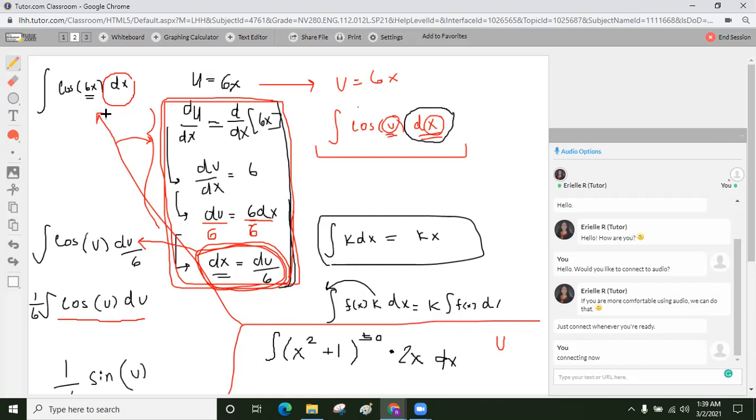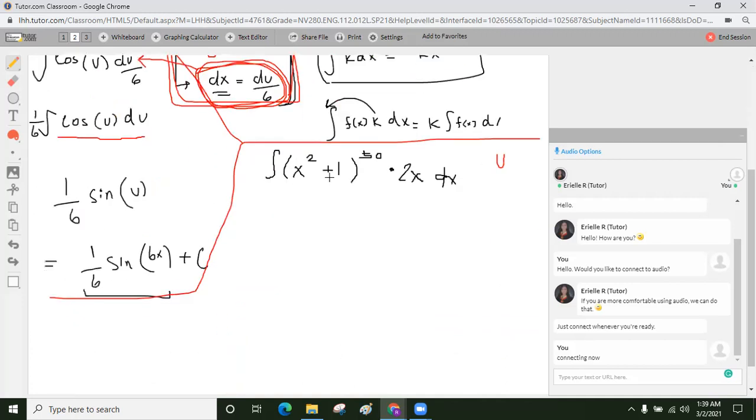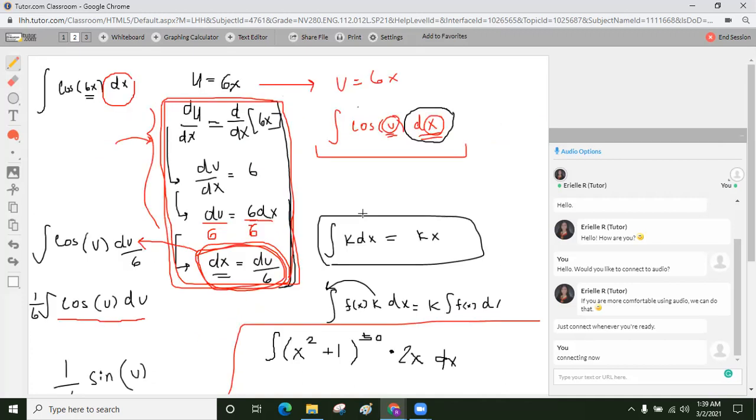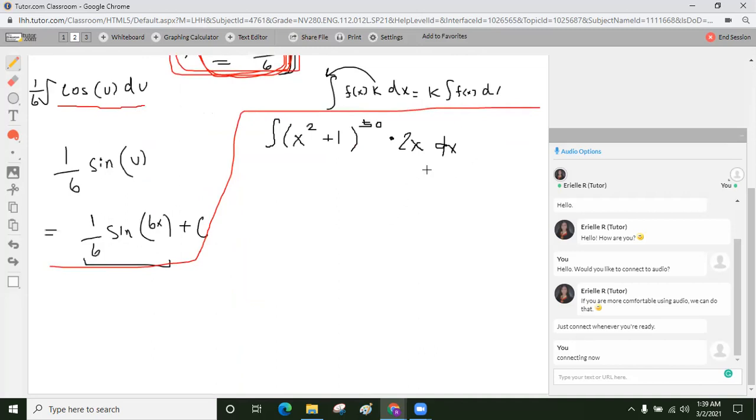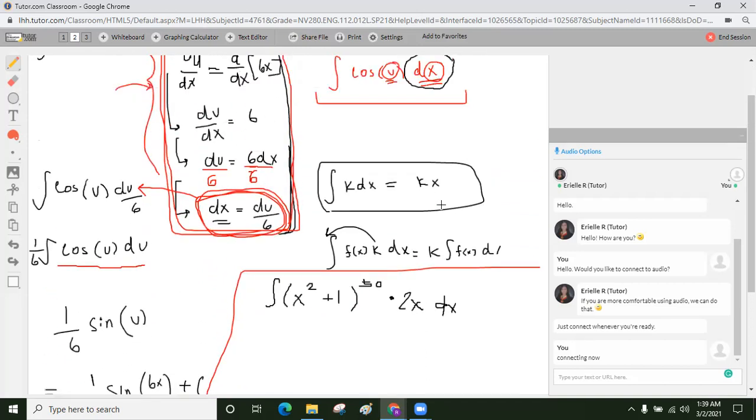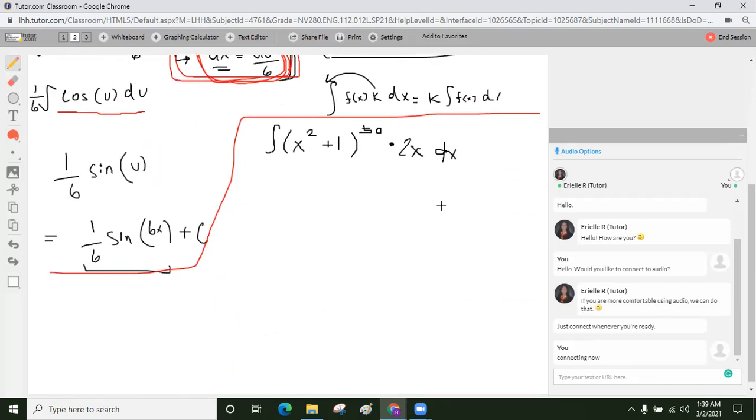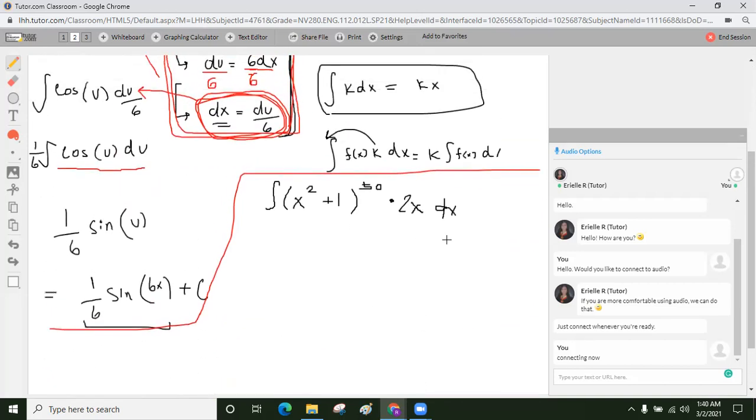Sure. Because we can easily take the constant value outside of the integral sign, right? Absolutely, like what we did with 1/6 right here. Very true. So I guess our u will be x squared plus 1.